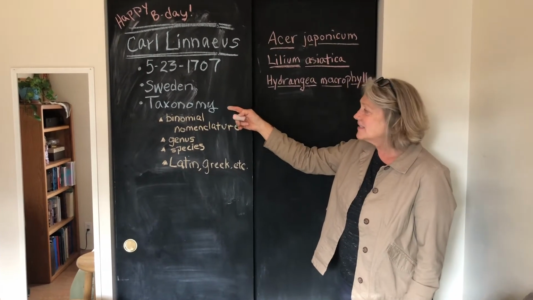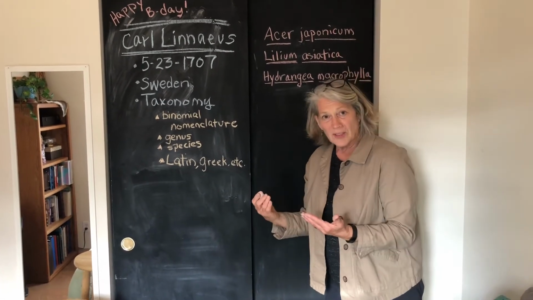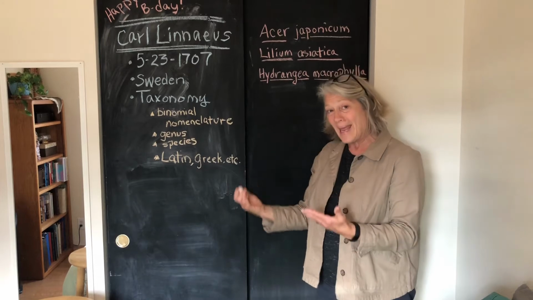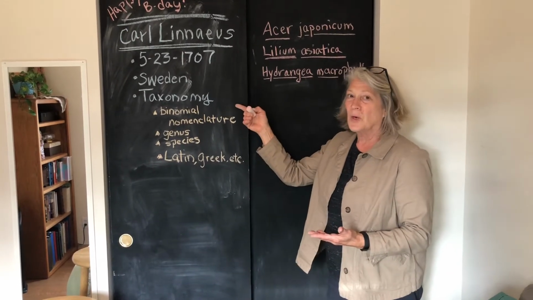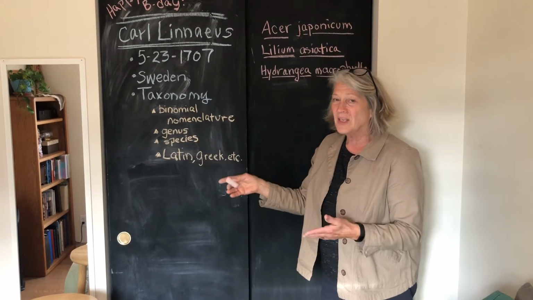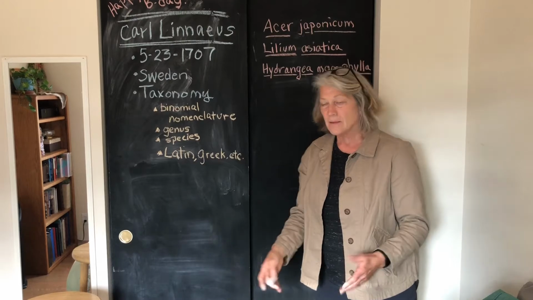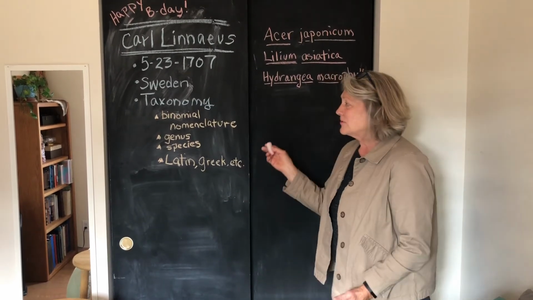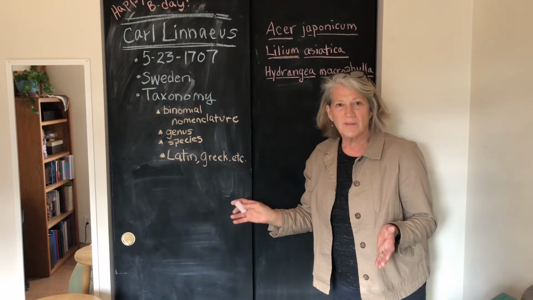Taxonomy is a classification system, and while today we're going to talk about how it pertains to plants and things in the botanical world, Linnaeus worked on taxonomy classification for all sorts of things. Animals, diseases, yes, interesting. And he did it based on natural observed characteristics.